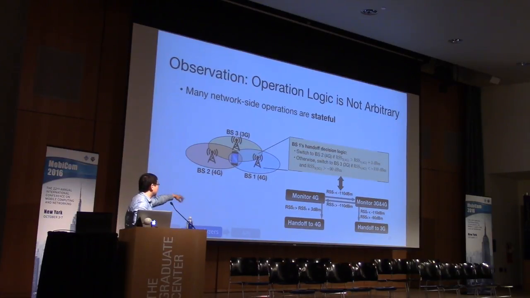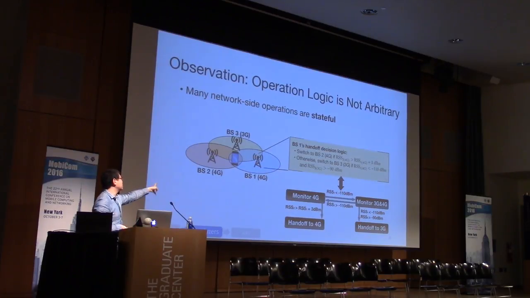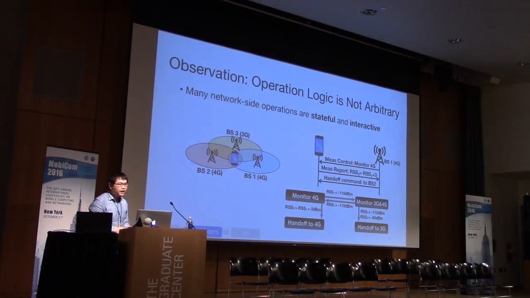The state transition can be modeled as a sequence of single-stage measurements issued by the base station. So although this logic is customizable, this state machine tends to remain stable, so we can learn this internal structure. The second observation is that, to have a proper handoff decision, the base station simply needs to know the feedback from the device. It simply needs to know the device signal strength.